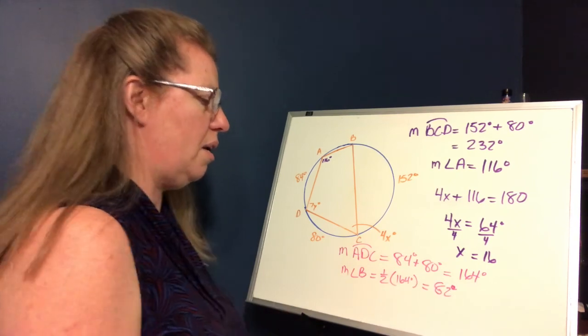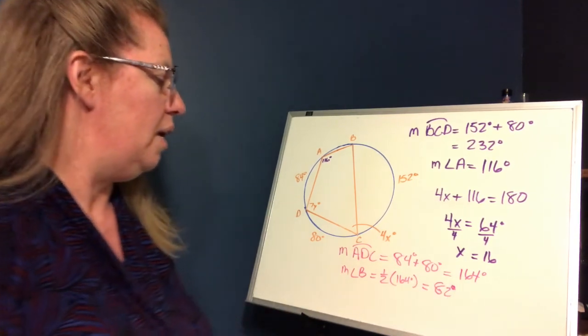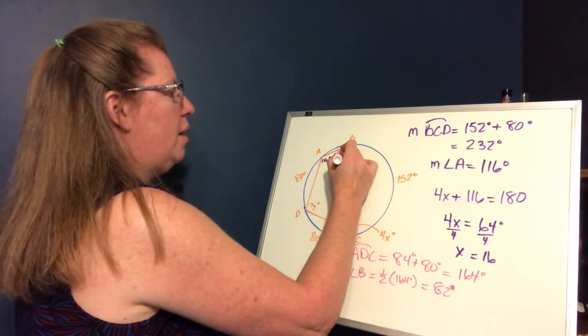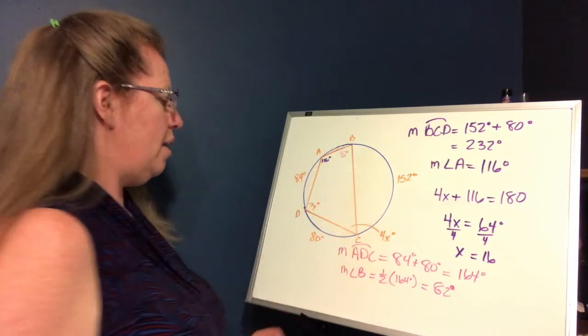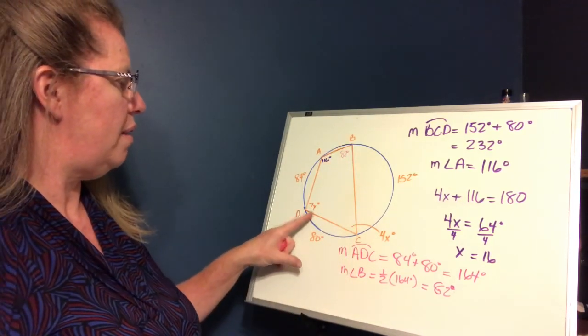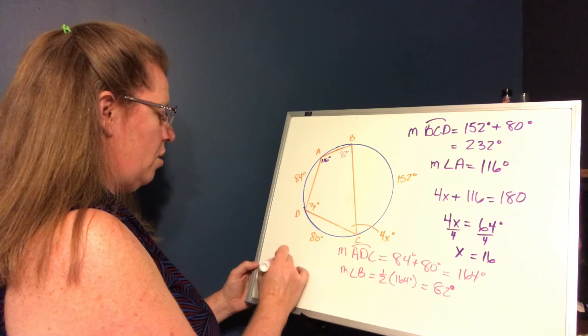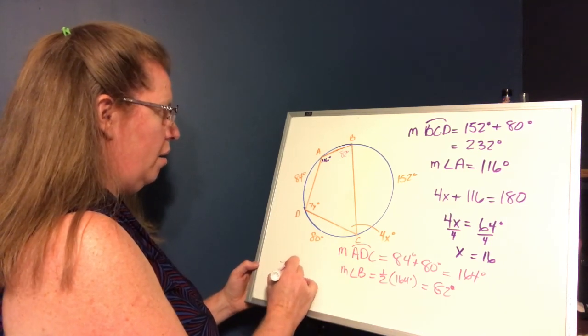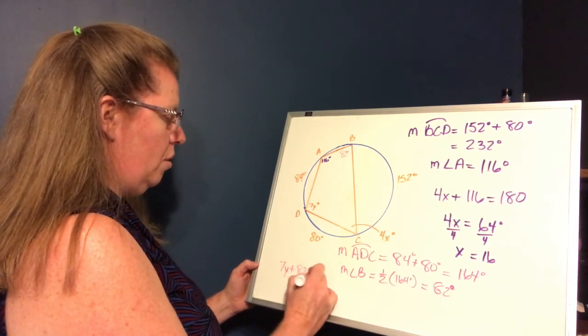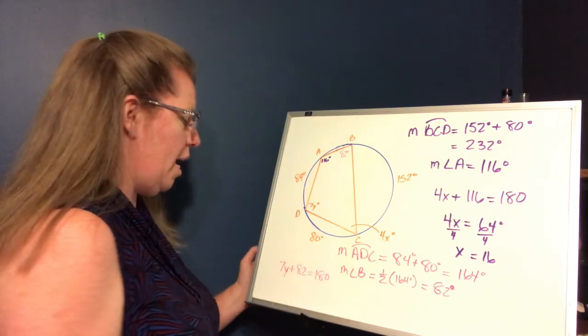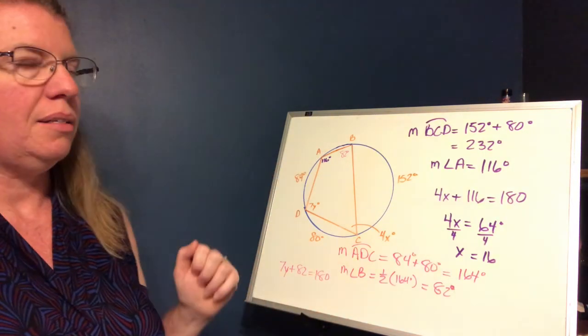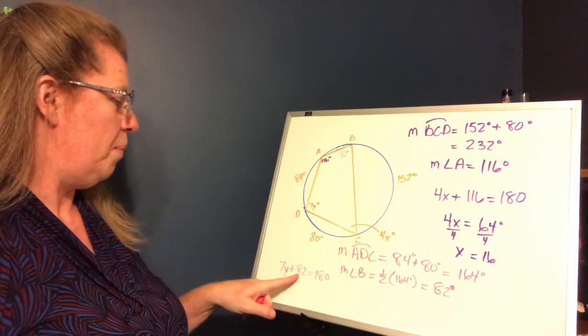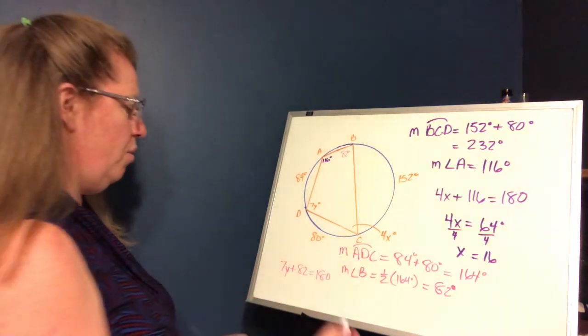Let's make a degree sign, not a square sign. Okay, 82 degrees. Let's go ahead and write that in here. That's 82 degrees. We can set this equal there. So 7y plus 82 is going to equal 180. You will be tempted again to set it equal, but don't do it. Okay, so we're going to subtract 82 from both sides.